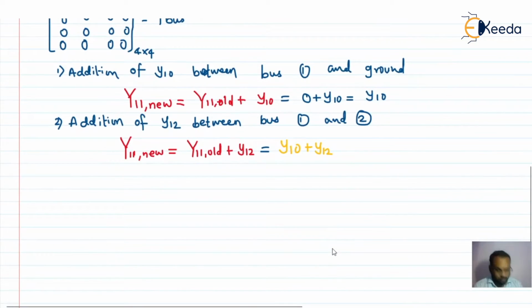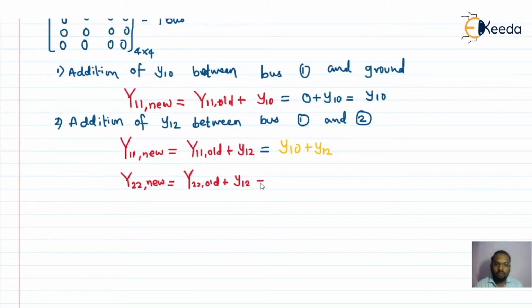Of course it is going to affect four entries. The next entry is y22, which gets a new value: y22 old plus y12. Earlier y22 old was 0, so it is simply y12.